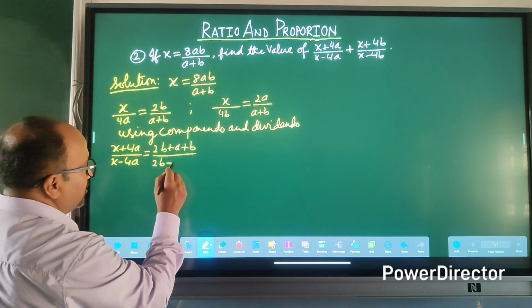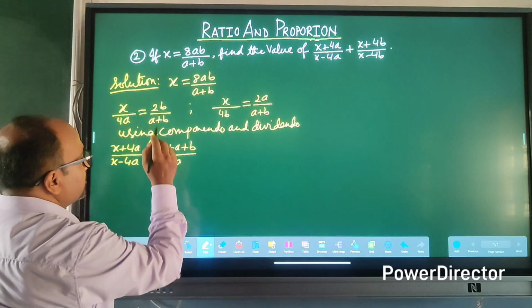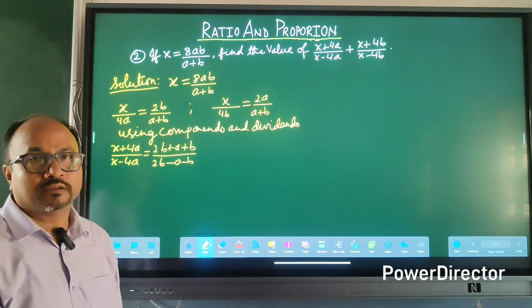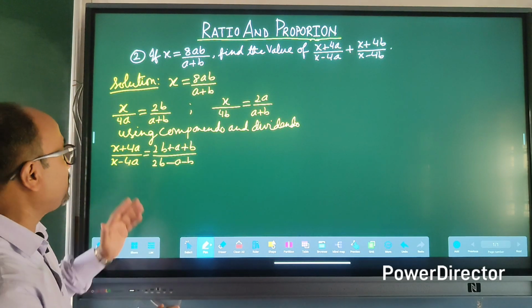Denominator is a plus b, so minus a minus b. Okay, so this is applied to this part.